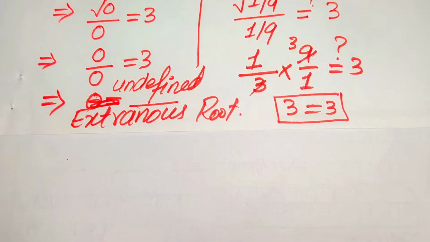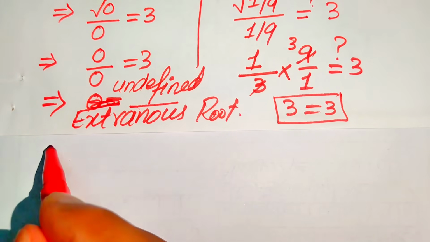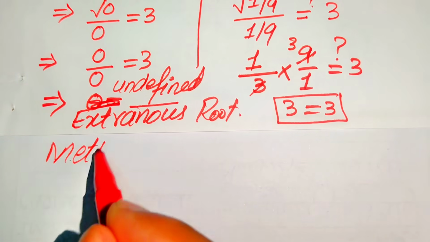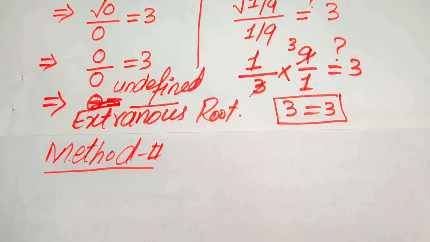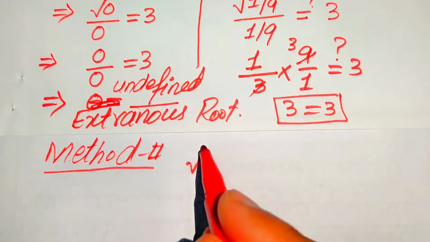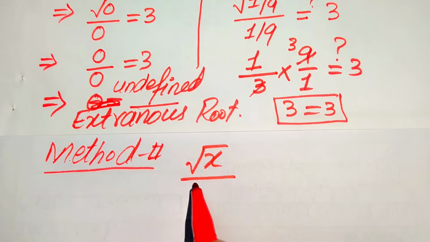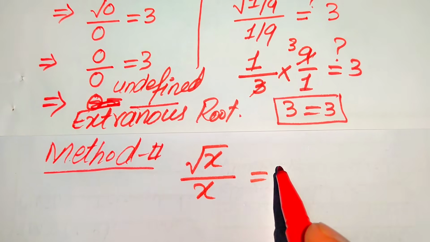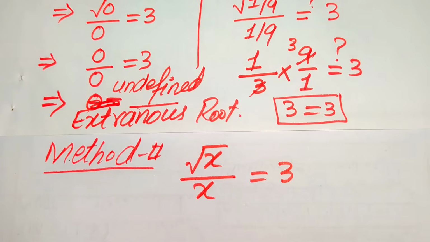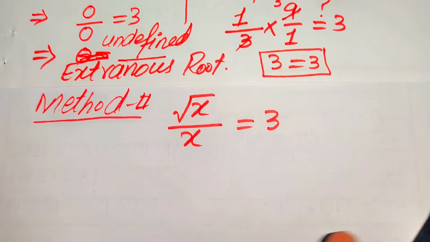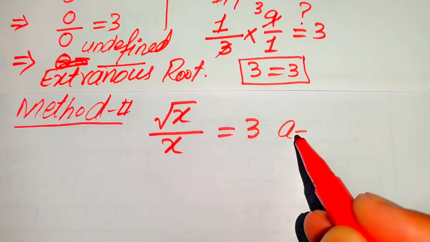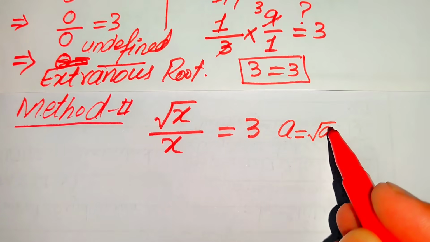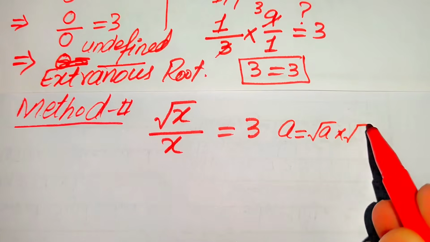And now, in the next step, we solve this problem again by the second method. In the second method, we copy down our given question statement, which is the square root of x divided by x equals 3. Here in the second method, we use this concept: if you have a, we write this a as the square root of a multiplied by the square root of a.